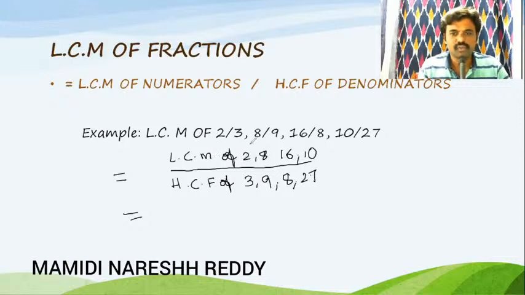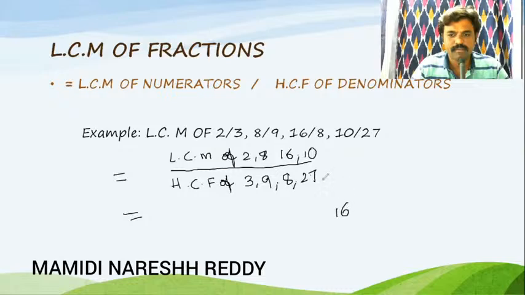LCM of 2, 8, 16 and 10. In the shortcut formula, to find the LCM, we need to take the largest number. Your largest number is 16.